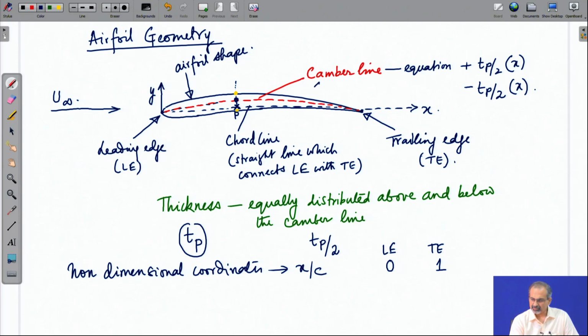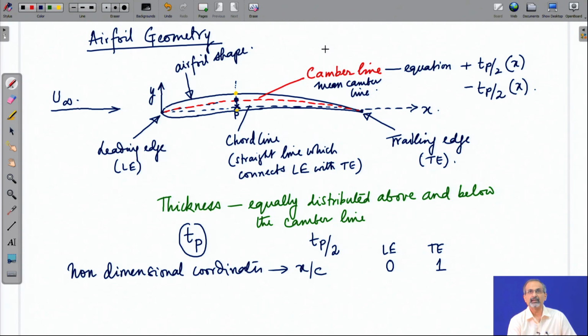This camber line is often called the mean camber line, and greater the camber of the airfoil, the greater is the curved nature of the airfoil. What happens if the camber of the airfoil vanishes? You can imagine that the camber line will come and merge with the chord line, and then you will have an airfoil which does not have the curvature in the sense of the camber line.